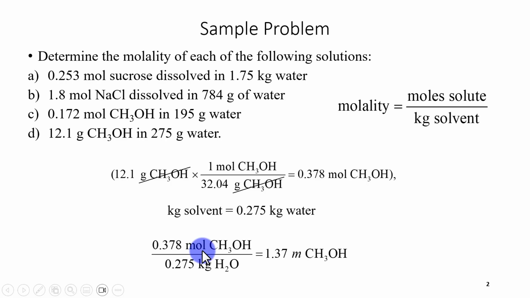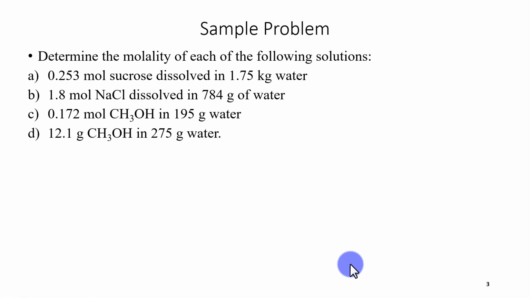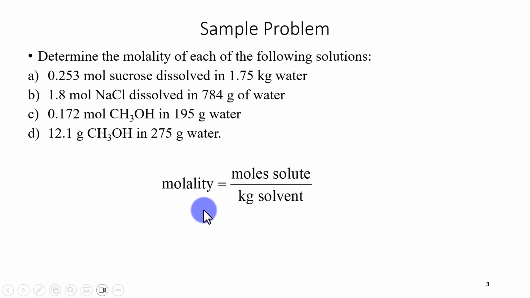Molality then is 0.378 moles of CH3OH over 0.275 kilograms of water, giving me 1.37 little m, molal, of CH3OH. Now go ahead using this formula and work on A, B, and C on your own.